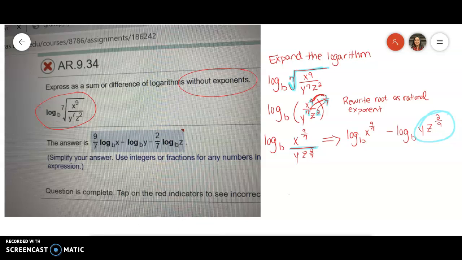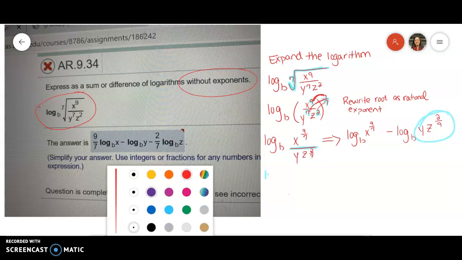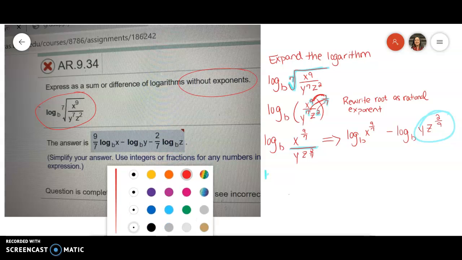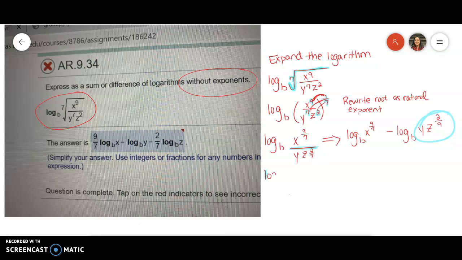So I'm going to come down below, and just for right now, I'm going to leave this. I don't want my highlighter, I need my pen. So I want this as log base b of x to the 9/7 power minus log base b of y.